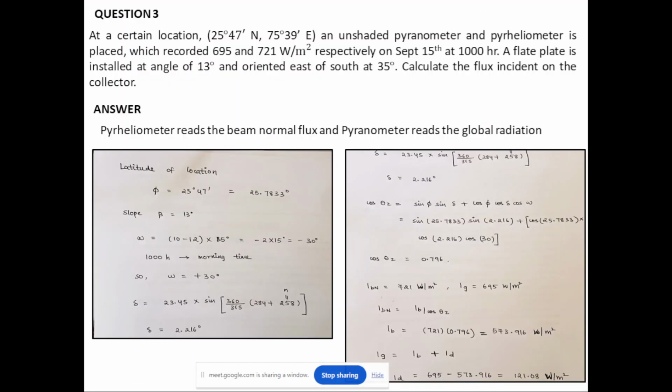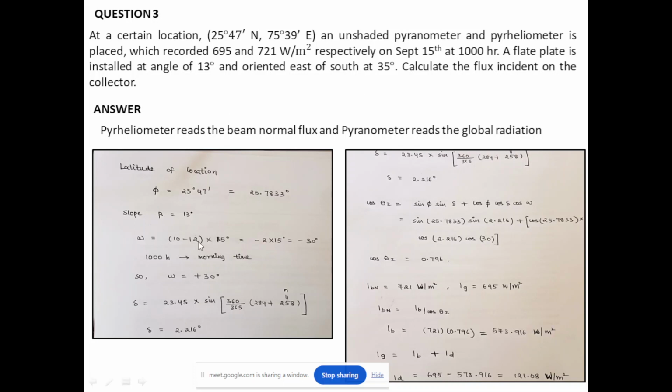Your slope is given as 13 degrees, because it is written that a flat plate is installed at an angle, and your omega value, that is your hour angle, is 10 minus 12 because it is given as 10 hours. The formula is solar time minus 12, into 15 degrees, and as we discussed in the last class, 15 degrees is because the earth rotates 360 degrees in 24 hours, so 360 divided by 24 is 15.